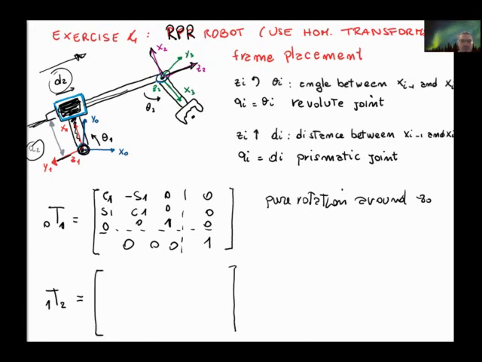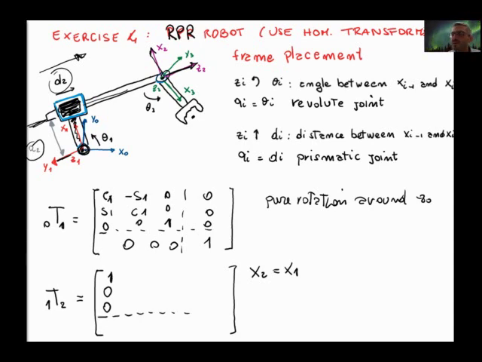If we look at the rotational part, we see that the x2 axis is the same as the x1 axis. Therefore we have one here, which is the dot product with respect to x1, and a 0 in the other two directions.